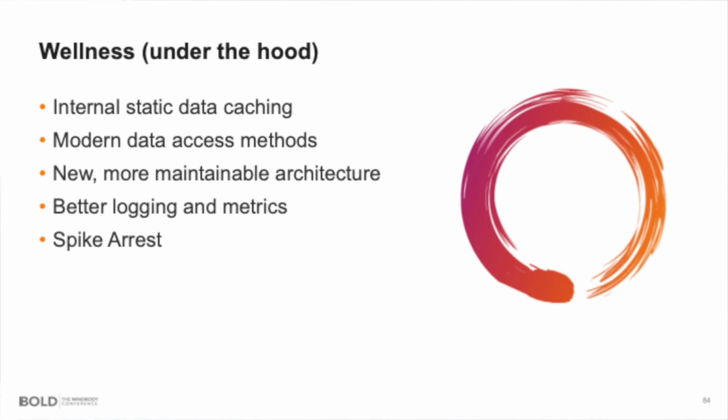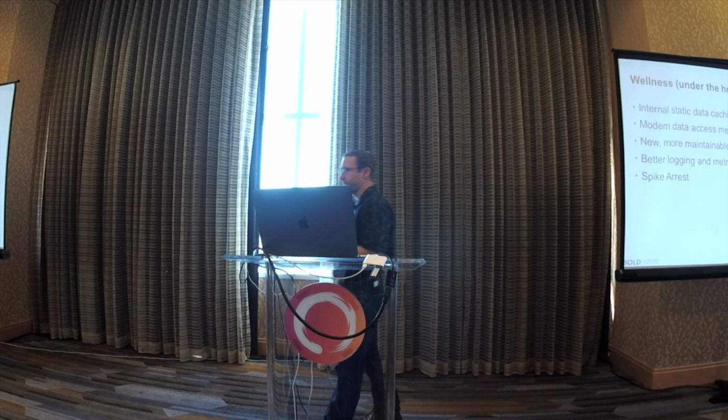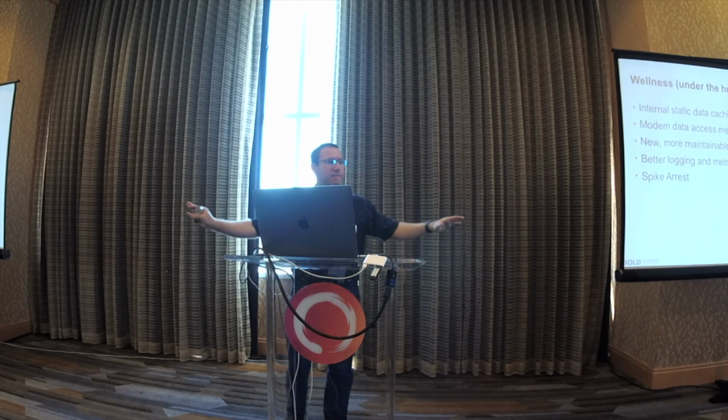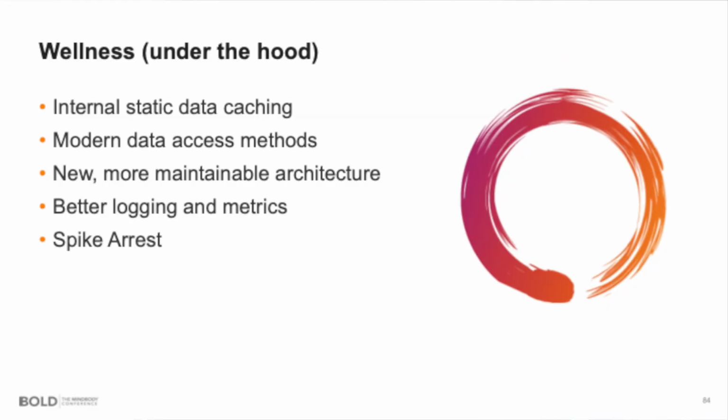And then last item on here for wellness is spike arrest. So every so often we have a bad actor, not saying that any of you, this has never happened for many of you, I know. We have a bad actor who starts sending us a lot of requests. So many requests that it starts bogging down our system and starts affecting everyone else, right? And we don't want that.